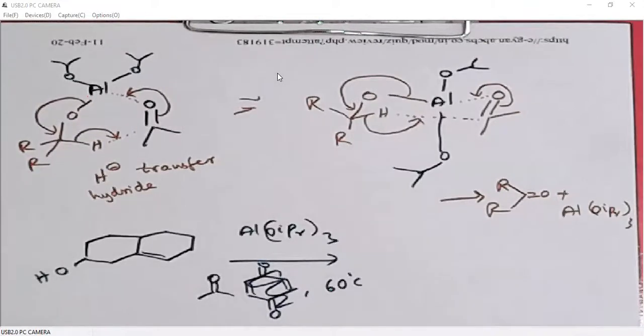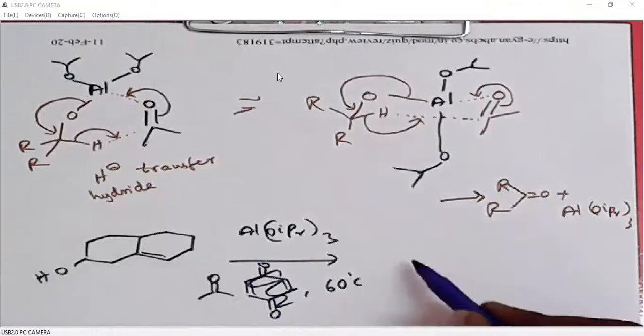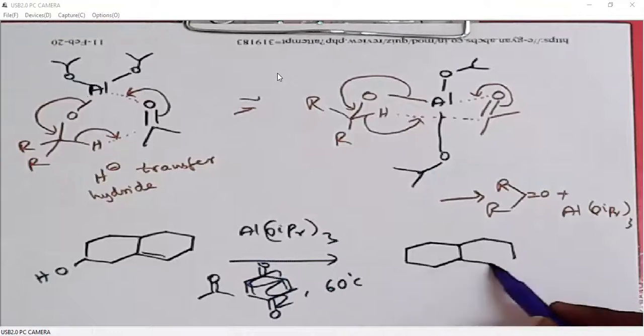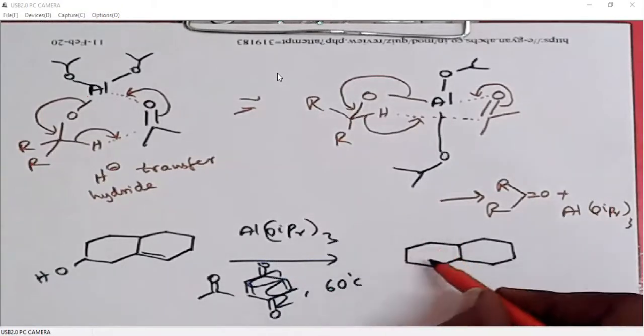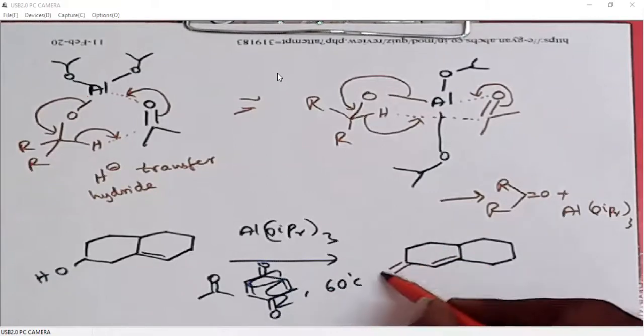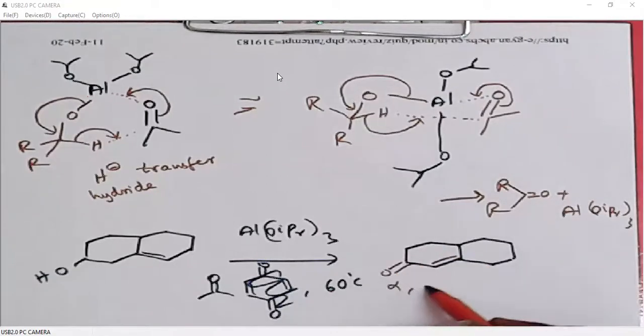Then what is important here is, in aluminum isopropoxide oxidation, what happens if it is a homoallyl alcohol? It is not allyl alcohol, it is homoallyl alcohol. Then in aluminum isopropoxide oxidations, double bond migration takes place to get the alpha, beta unsaturated carbonyl.